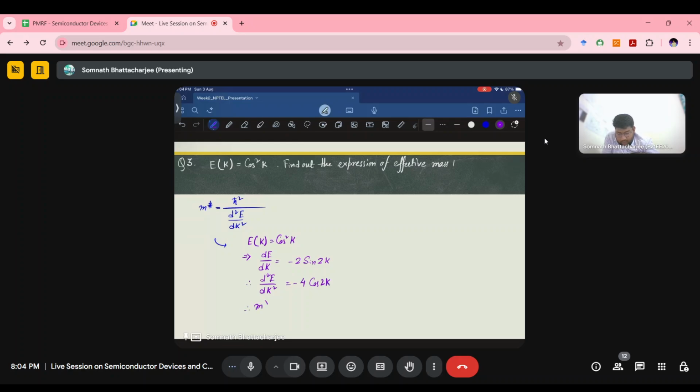So we'll have m star equals h cut square by minus 4 cos of 2k. This is the value of effective mass.